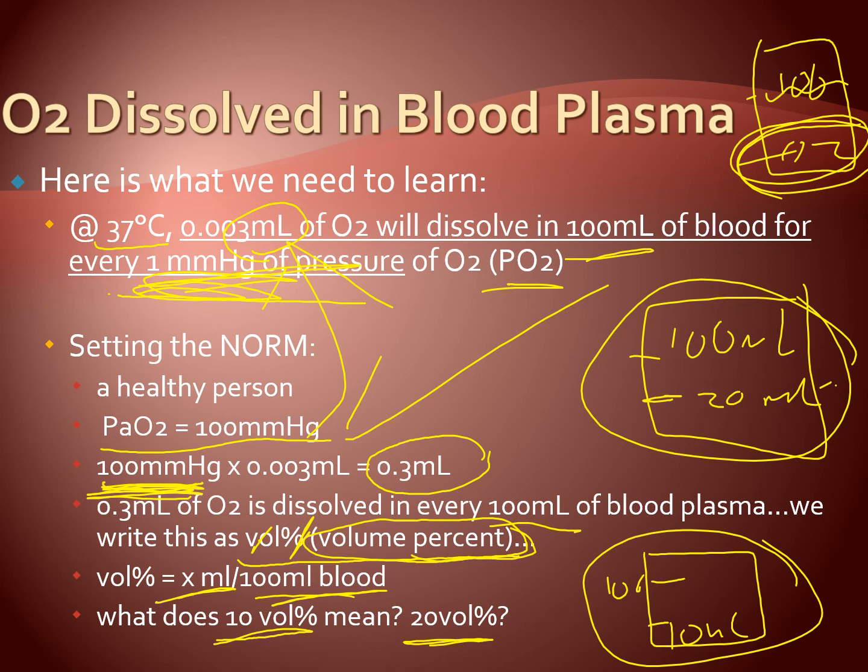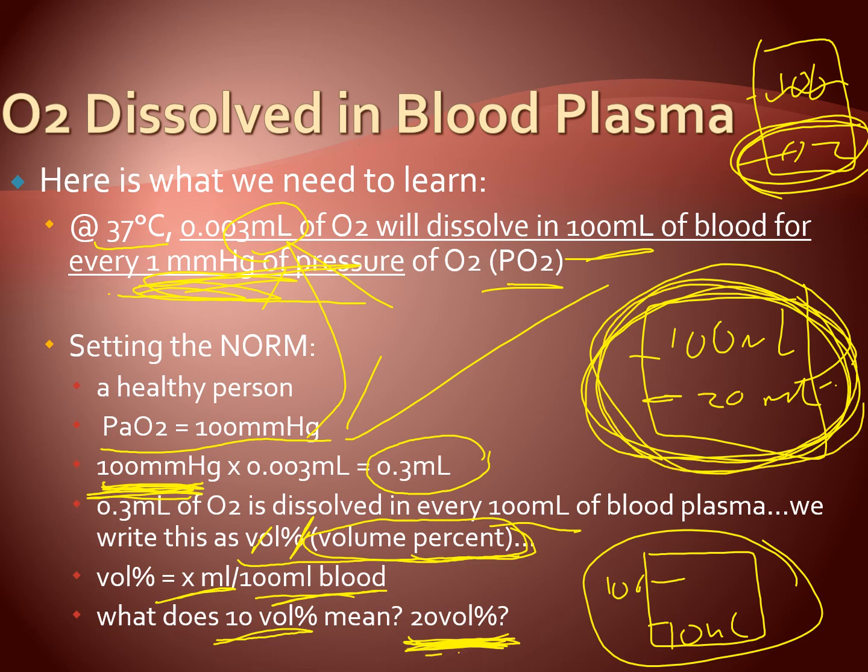So the higher the volumes percent, the more oxygen content the patient has in their bloodstream. I'll repeat that again: the higher the volume percent, the more oxygen content is available in their bloodstream.